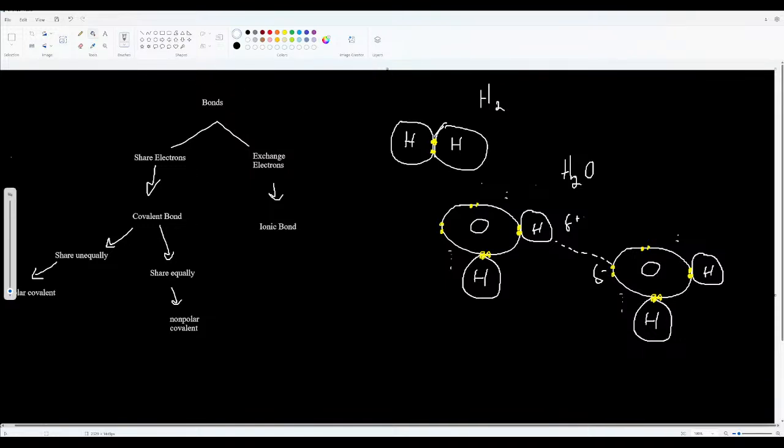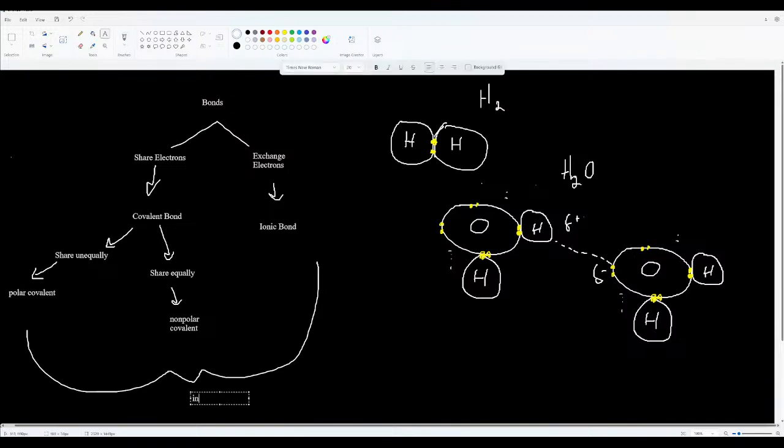Hydrogen bonding. So what we discussed over here, this is what's known as intramolecular forces. Hydrogen bonding is an example of intermolecular forces.